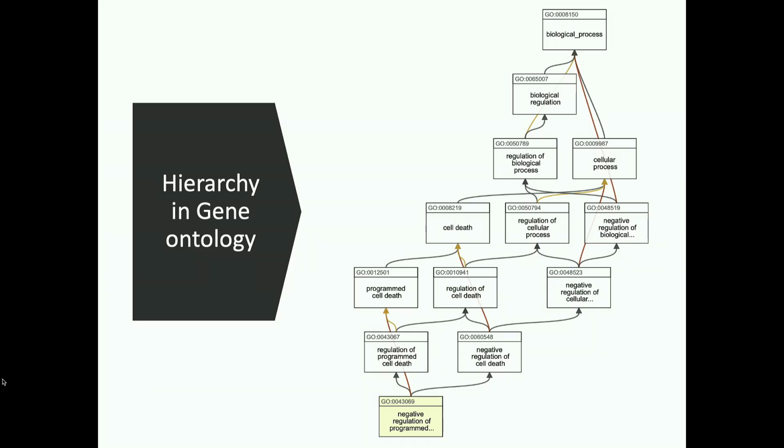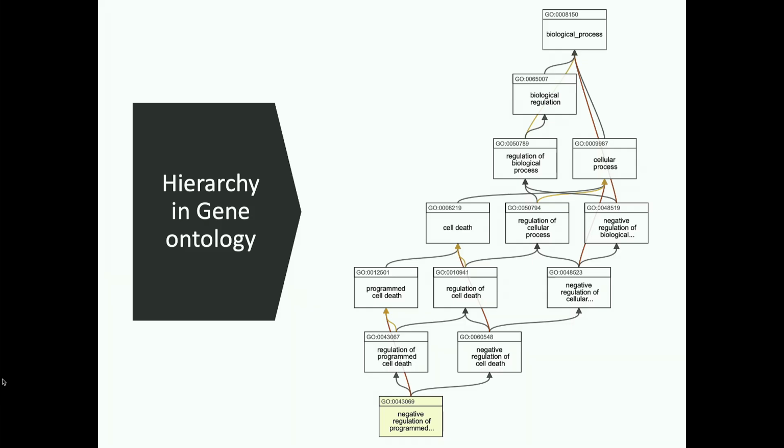Now if you look at the hierarchy, I know the fonts are small, but here you see there is a biological process, and then it's involved in regulation, then regulation of biological process or cell process. So you are structuring a bigger biological process into its parent-child relationships, and finally you come to a term which is very specific, which is negative regulation of, say, programmed cell death.